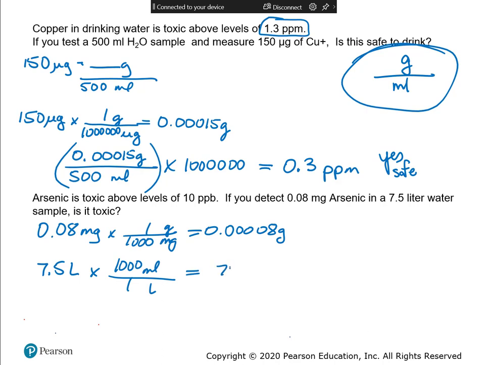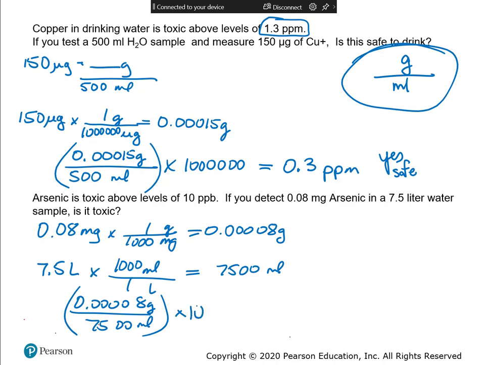So this would be 7.5 times 1,000, so 7,500 milliliters. Now I'm just going to divide these two. Once you get them in grams per mil, I'm going to divide those, and then I'm going to multiply it times 1,000,000,000, which is a 1 with 9 zeros. 1, 2, 3, 4, 5, 6, 7, 8, 9.